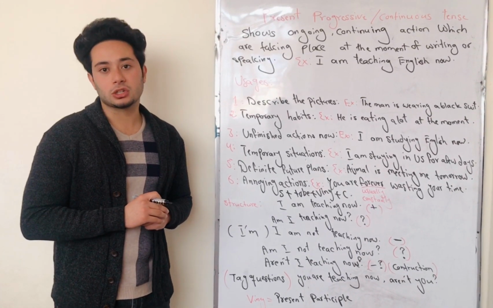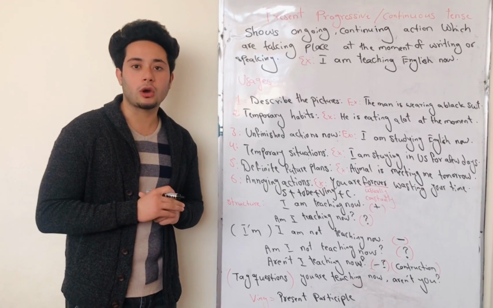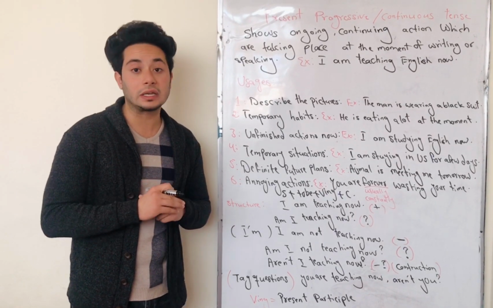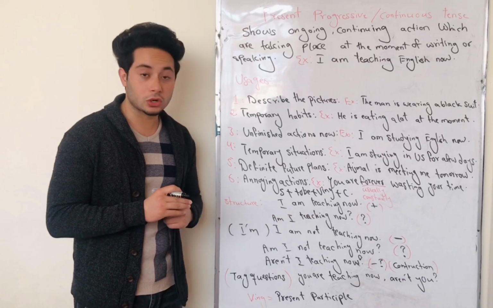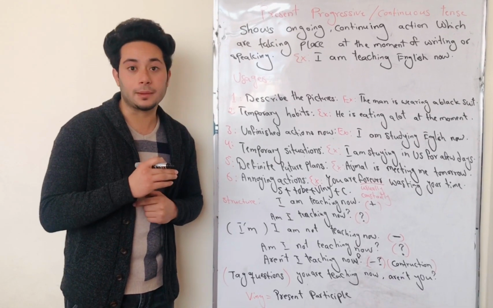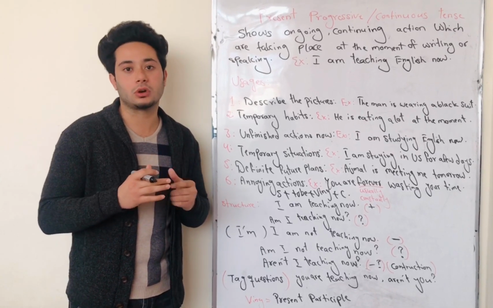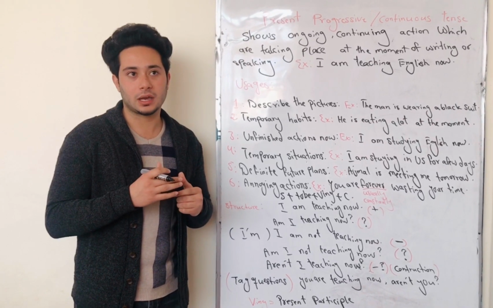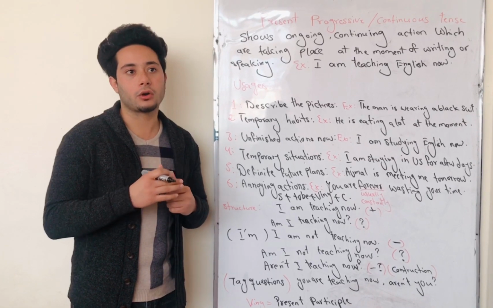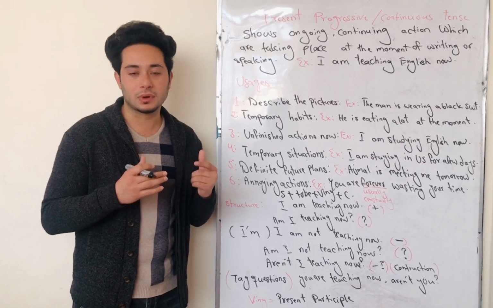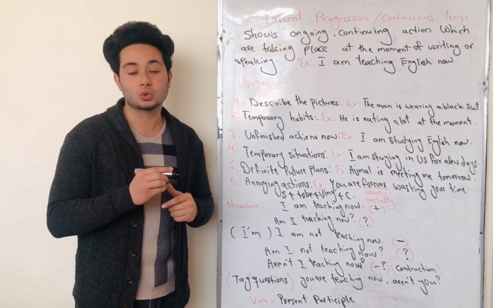Something that I want to mention about negative interrogative sentences with a contraction, with is and also with am. When you are using is with a not, you can contract it simply: isn't. And also when you are using are plus not, you can contract it simply: aren't. But how can we contract am not?